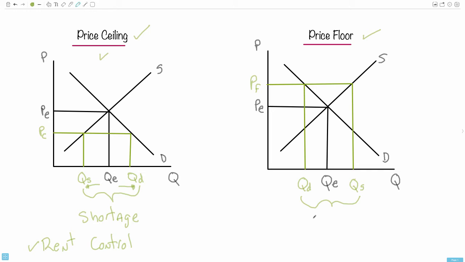This is what economists call a surplus, when sellers are willing to offer more than what buyers are willing to purchase. A typical example of this is the minimum wage.